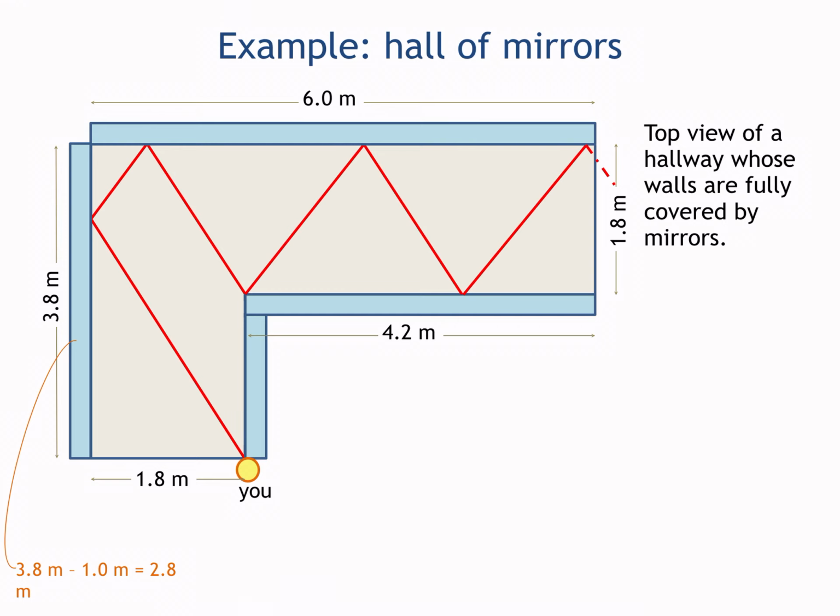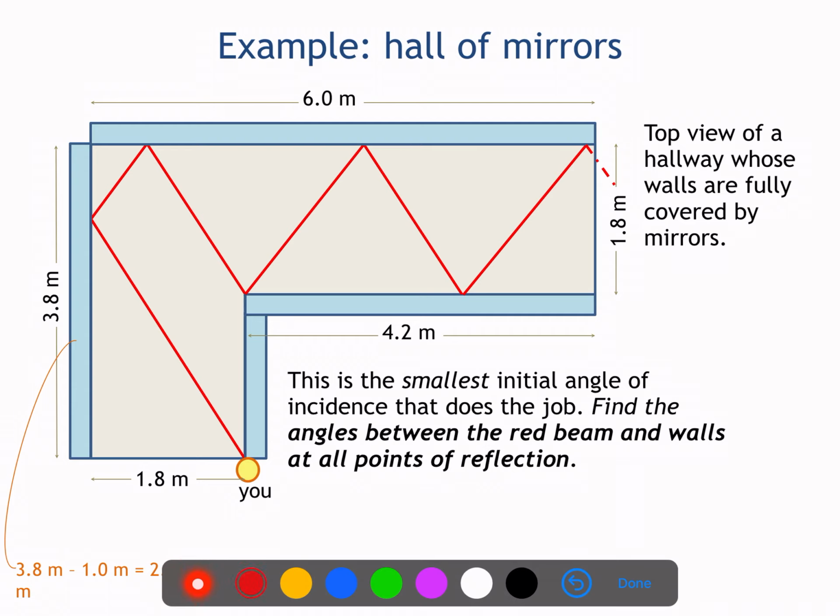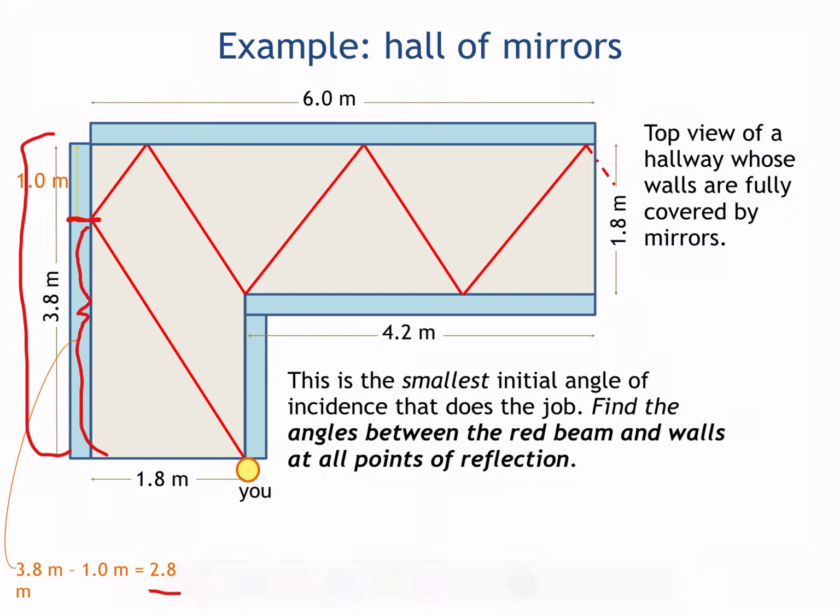Now, given everything that you see here, this would be the bare minimum that you need to get it around that corner, and based upon the measurements here, you can actually find what that angle is that's required. So to start with, if this is the entire length here, and I am told that this is 1 meter from the corner, then that allows me to determine that this distance here is equal to the 2.8 meters that you're seeing here.